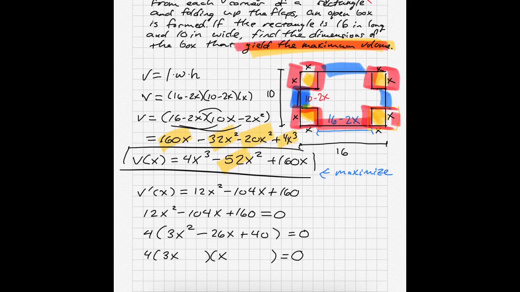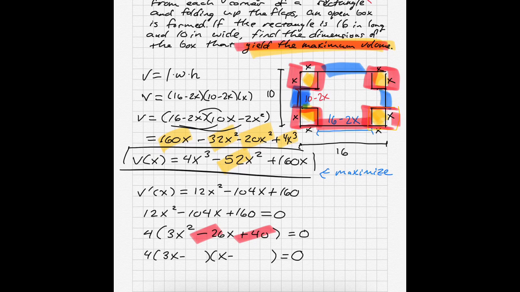I have a positive here, a negative here, so both of these signs are going to have to be negatives. It multiplies to 40.